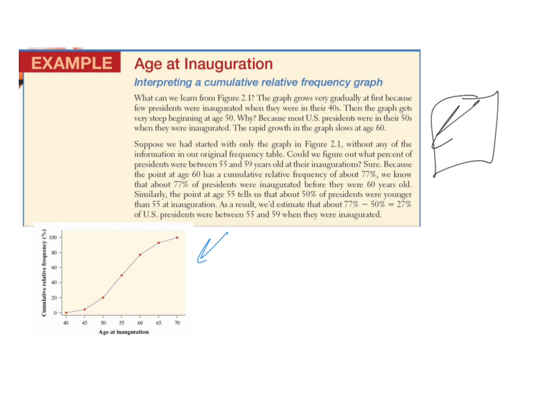You want to look at each of those pieces, and that's going to tell you a lot about what's happening in the overall distribution of the ages of presidents. So focus on that slope. It's going to help us come up with the shape of the distribution when looking at a cumulative frequency plot.